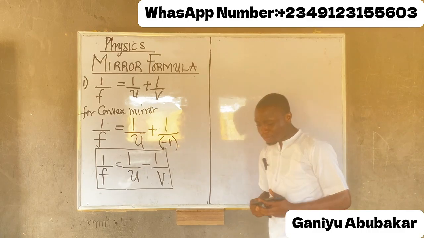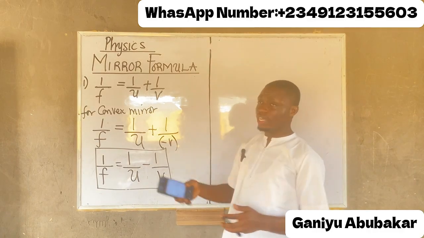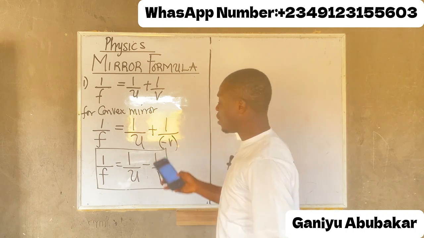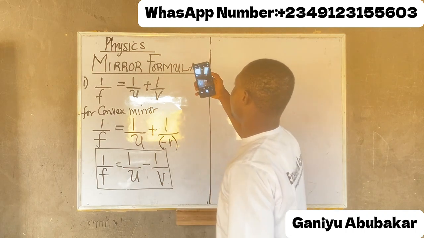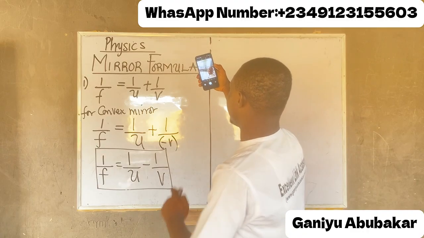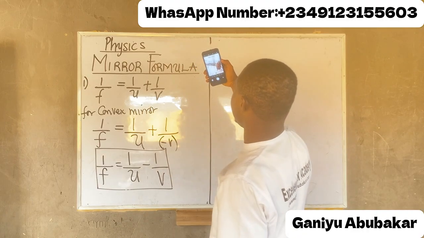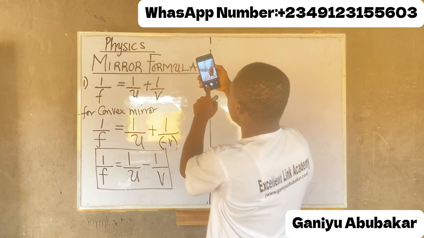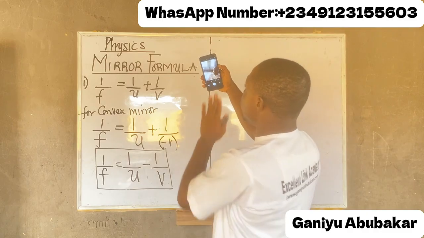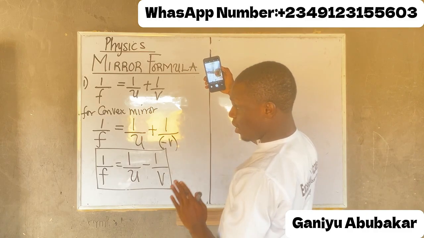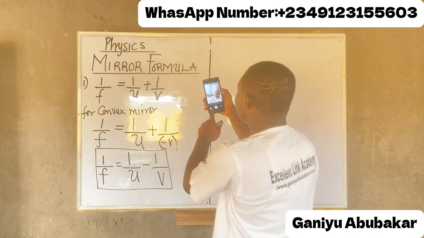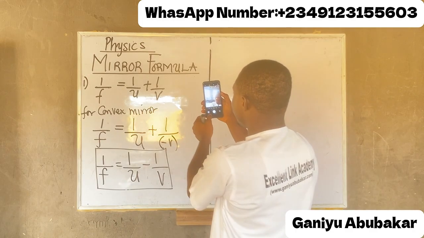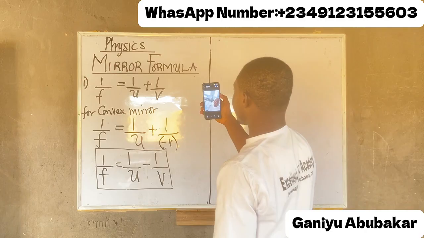What do I mean? If I take a selfie with us now, look at this. If I take a selfie this way in class, it will give me my image back the way it is. It is virtual. But something will change.